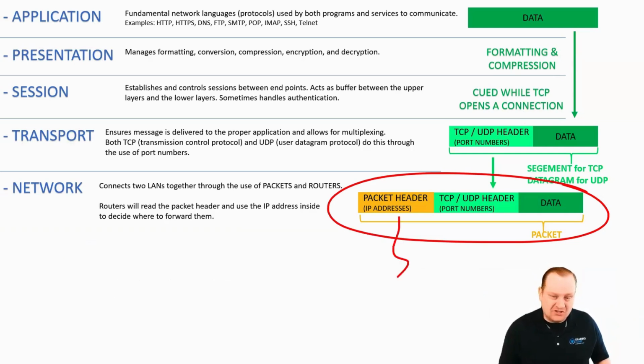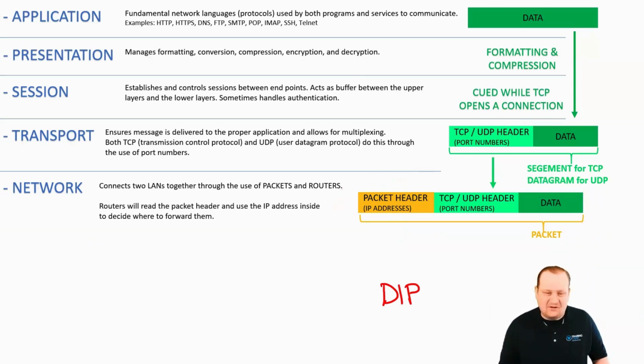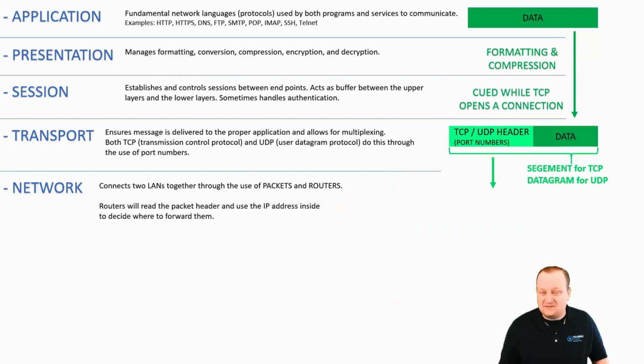But then Google's going to check the IP. Are the IP addresses correct? As in, did you send to the right destination? If you didn't, if this mail isn't for me, I'm not going to open it and I delete it. But if it is meant for me, if Google's IP address is the destination that they see there, great. In which case they then delete the IP addresses and we're left with just the segment.